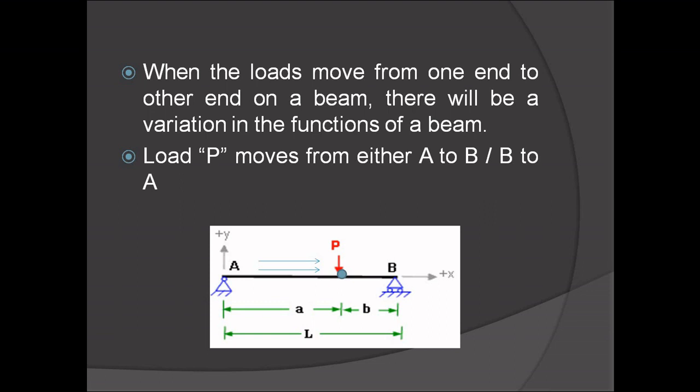That can be drawn as a diagram, which is called an influence line diagram for the reaction at A. In the same manner, if we draw a diagram of the variation of the reaction at B when the load moves from B to A, when the load is at B the reaction will be P and it goes on decreasing at some rate, and it will be 0 at A, right? The diagram is called the influence line diagram for the reaction at B.